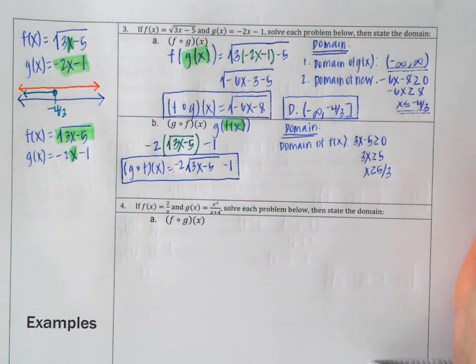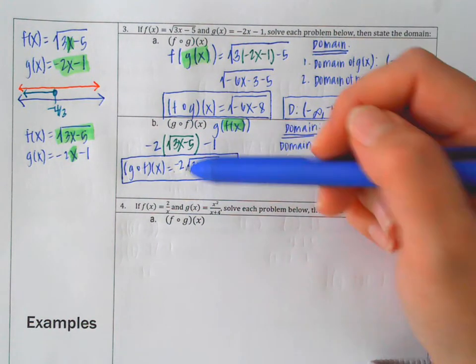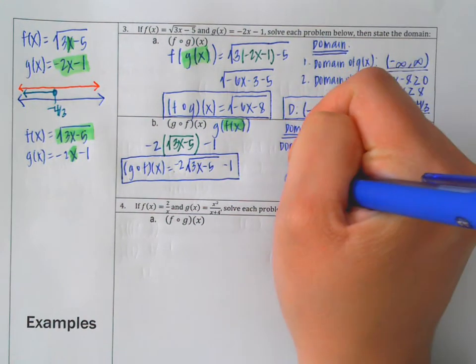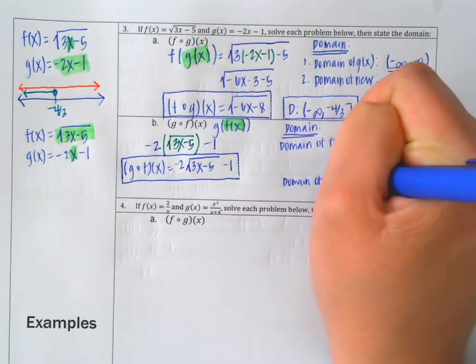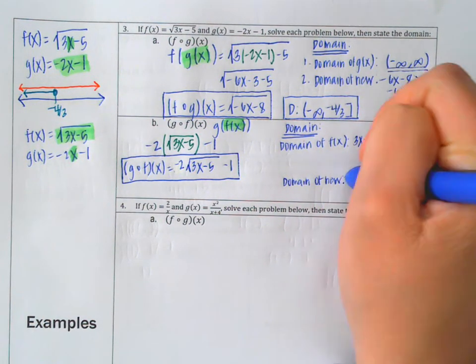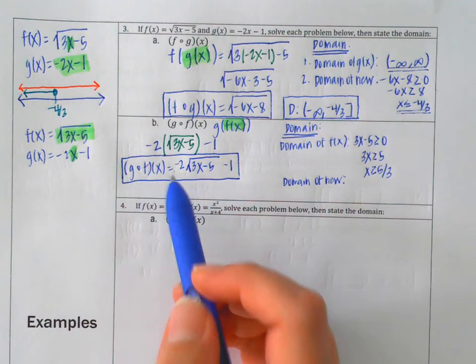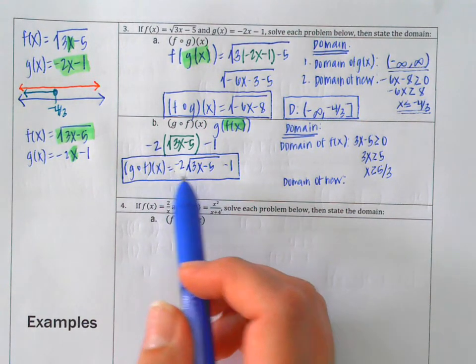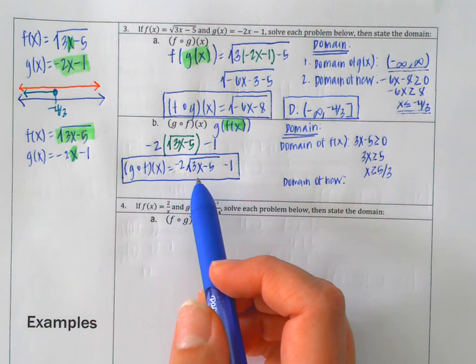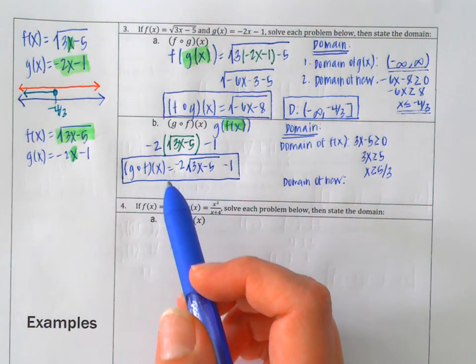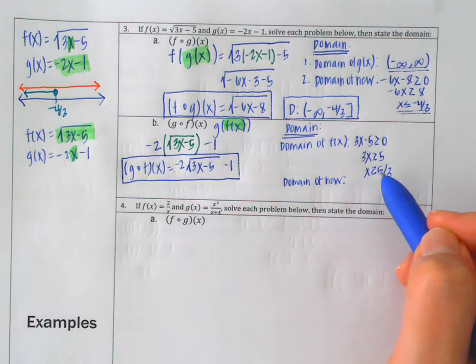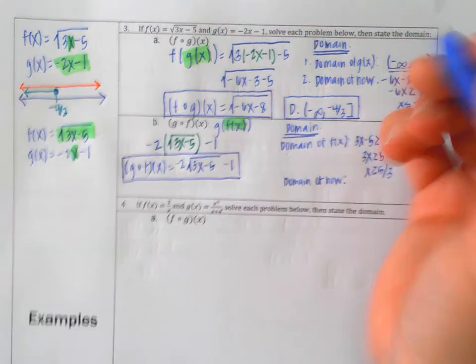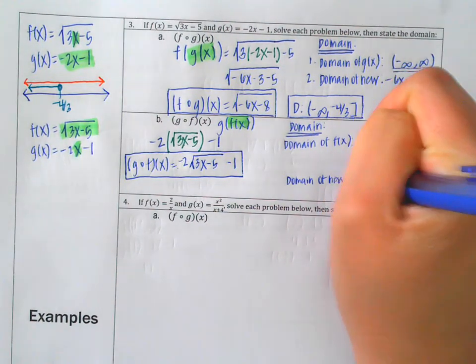Okay, so then the domain of the new one. I know this one's kind of weird, but it's still a radical function, even though there are parts on the outside, and all that we worry about is what's on the inside of the radical. So it's still the 3x minus 5. It's actually the same exact domain here. X has to be greater than or equal to 5/3.